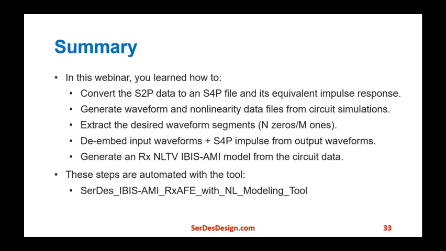Also, you learned that the Rx NLTV IBIS-AMI model is generated from the circuit data. These steps are automated with the tool SerDes IBIS-AMI Rx AFE with NL modeling tool.